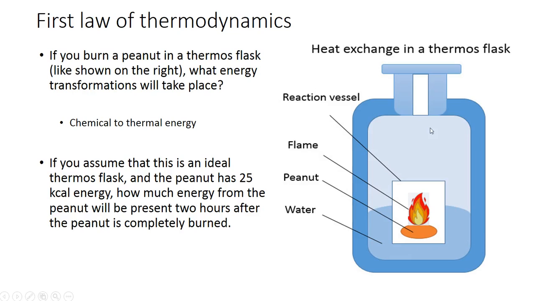In the end, the total energy in the thermos flask will not change at all. It will remain the same. So after 2 hours, we will still have 25 kilocalories of energy inside the thermos flask, because no energy went out and no energy came in.